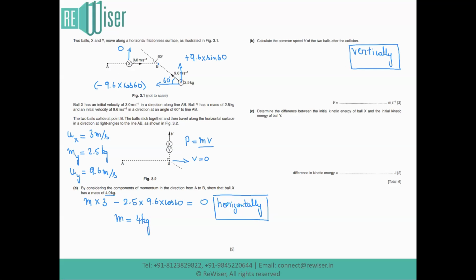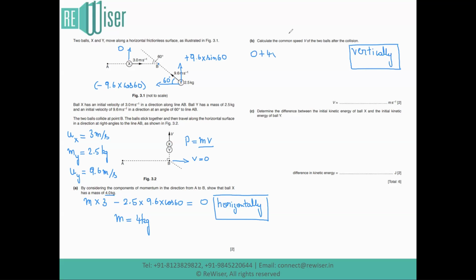Ball X did not have a vertical component as stated here. So the momentum of ball X was initially 0. This in addition with the momentum of ball Y vertically.